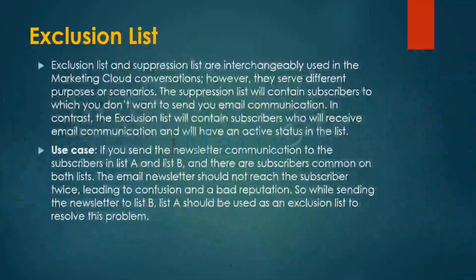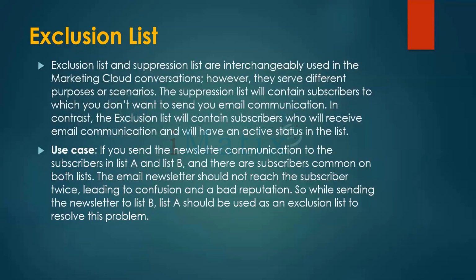Next is another one called the exclusion list. What is an exclusion list? Exclusion lists and suppression lists are terms used in the Marketing Cloud convention. The suppression list contains subscribers to whom you do not want to send email communication.